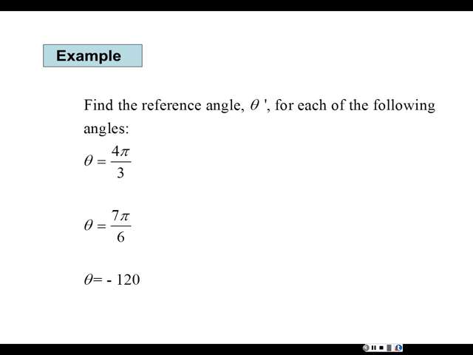So what is the answer for the other two? There is another way you can try if you like. You can draw the original angle in the graph. For an example here, what is this? It's 4 pi divided by 3. So how much is that?